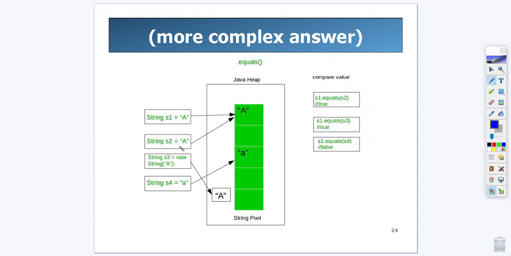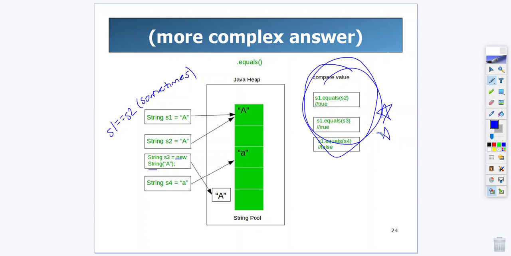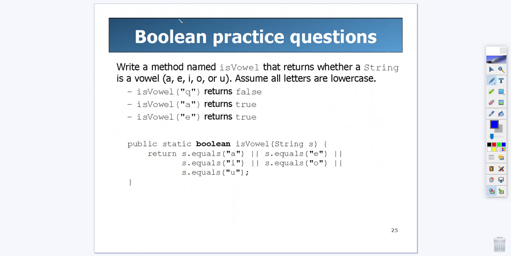If you use the shorthand way of creating a string, those strings may get put in something called the string pool, and so it may be true that S1 is equal to S2 if they're both pointing to the string pool, but when you use the longer version of new String, it's not going to go to the string pool, it's going to create a separate object. So there's a more complex answer. You don't really have to understand that. Just stick with dot equals, okay? And then you won't have to worry about it.